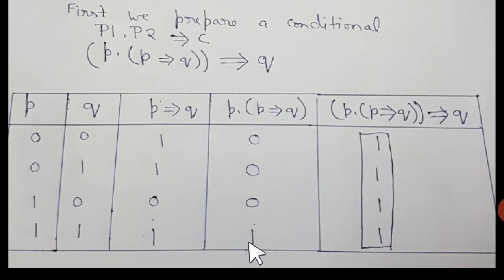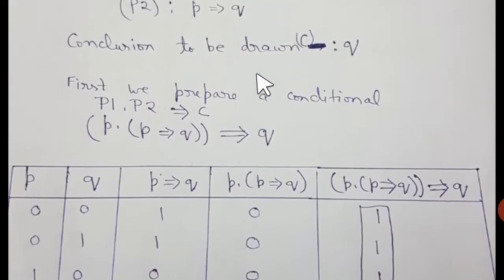Why? Because antecedent is true and consequent is also true. So you can see for this we have got only ones in this truth value column. So we get to know that this is the tautology. So finally it is established, right?